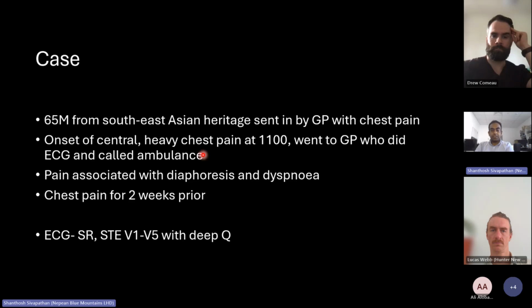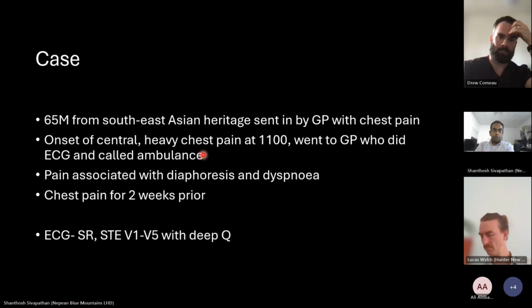We don't see this as commonly nowadays. It used to be quite a big thing, particularly in the thrombolysis era, but nowadays with immediate PCI and on-call teams, you rarely see this unless they present really late. So that's why that occurred in that case. Next case.